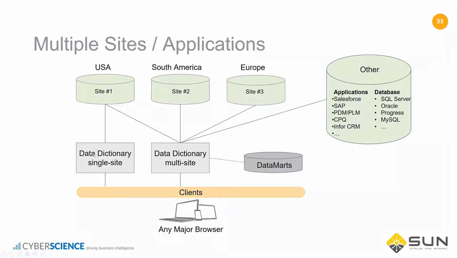Another user connecting to the same server may see multiple sites or multiple tables or multiple applications, all based upon either user ID or Active Directory groups. However you choose to maintain those people, you can do it. They may or may not see ECQ data marts and cubes. It's all controlled by your organization.